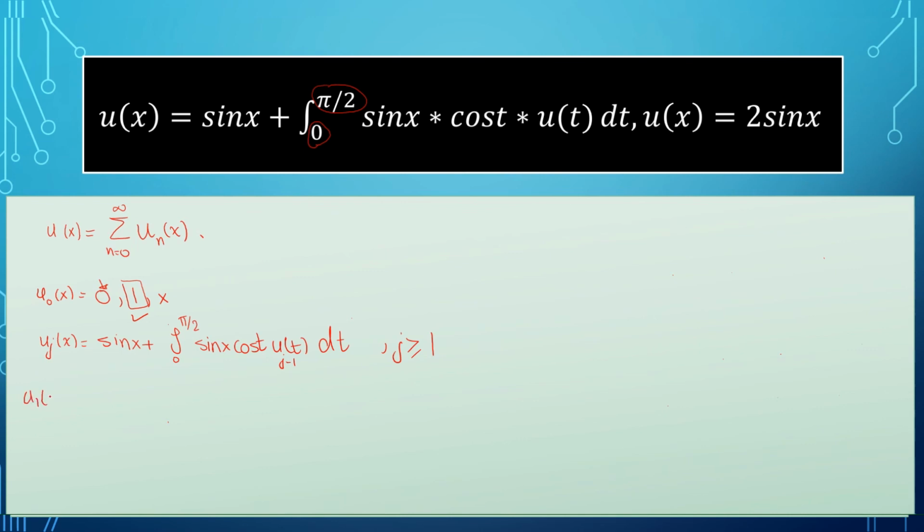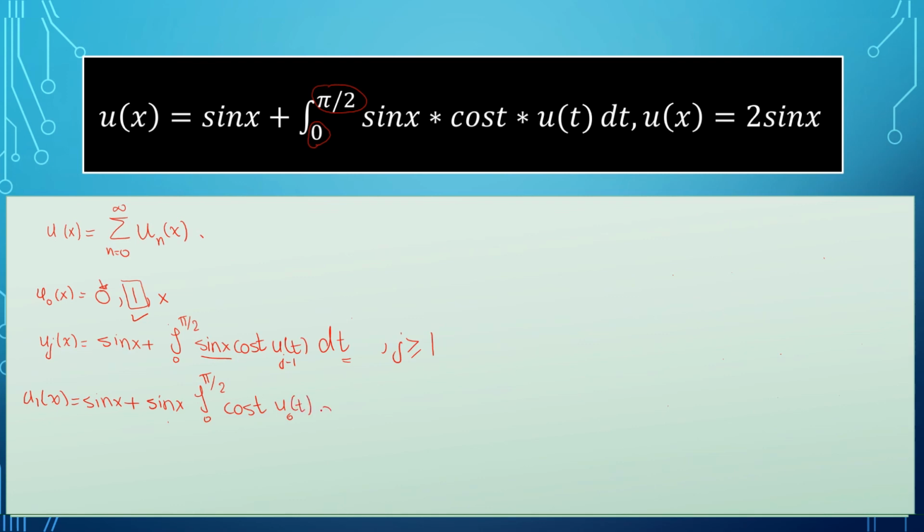Let's write u1 of x, and this will give us sine x plus, we can put sine x outside the integration because the integration is with respect to t, so it will not affect sine x. Okay, the integration from 0 to pi over 2 cosine t u naught of t.